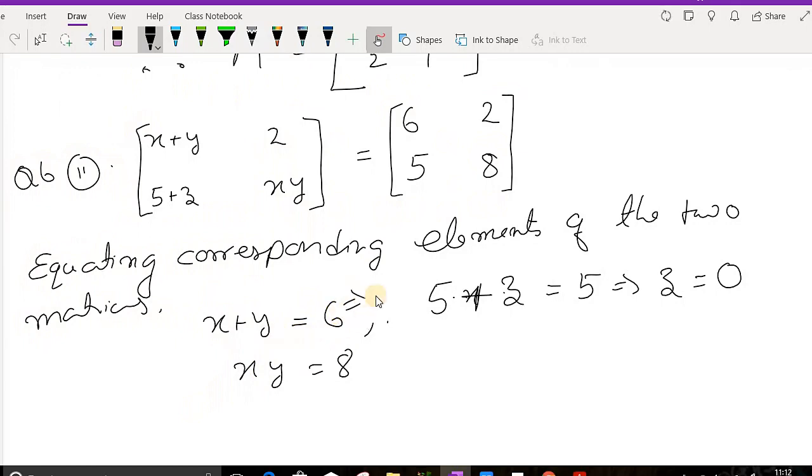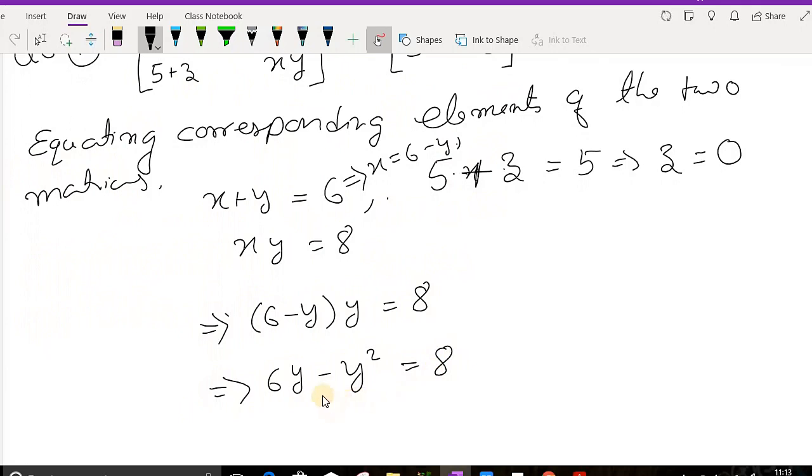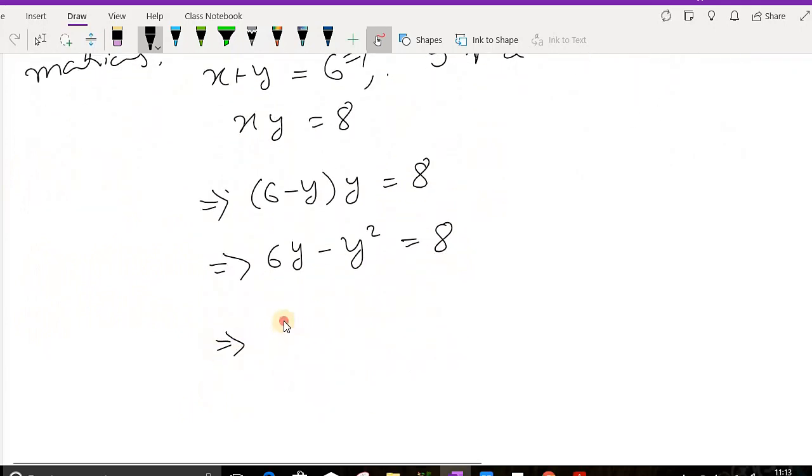Now from this equation I will put the value of x. So what will be x? x equal to 6 minus y. So I'll put it here. x is equal to 6 minus y, into y equal to 8. So which is equal to 6y minus y square equal to 8. Now this is y square minus 6y plus 8 equal to 0. Now solve this equation.